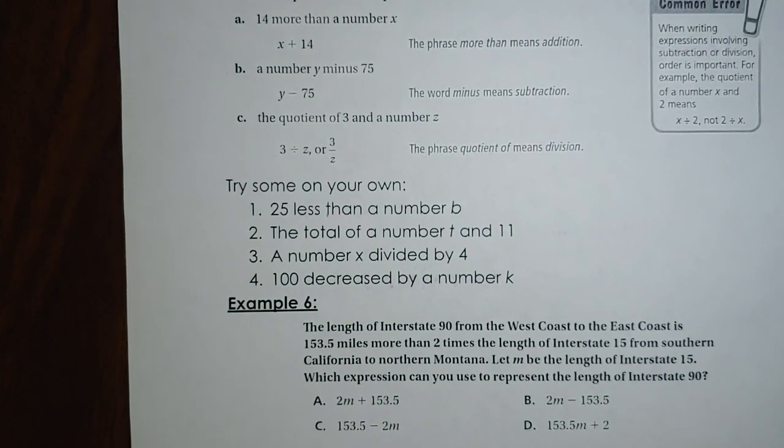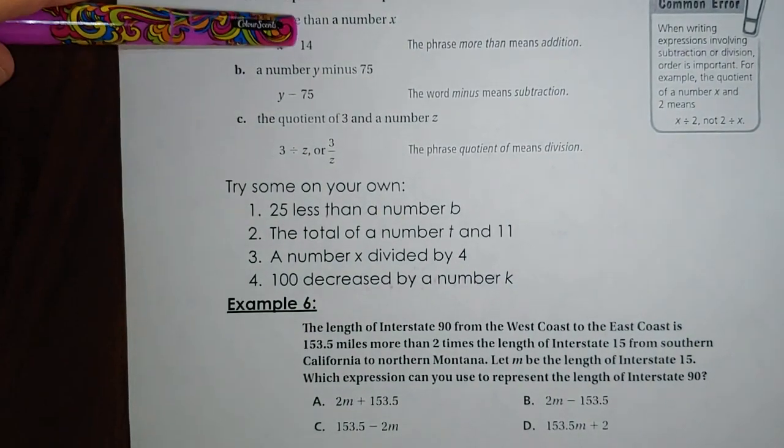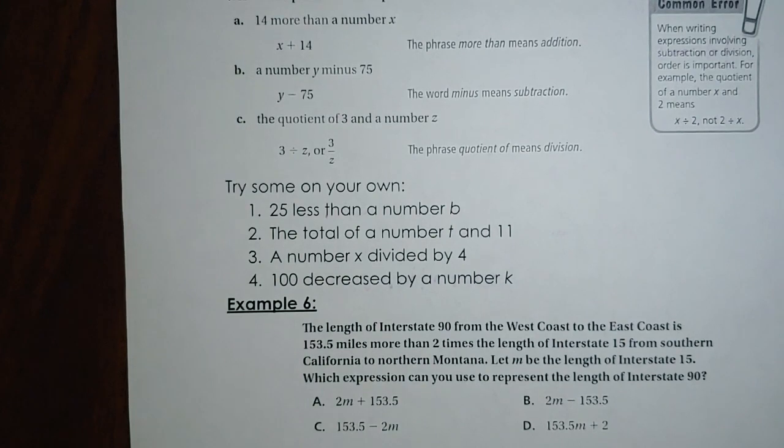So the first phrase is 14 more than a number X. If we look at our other things, more than means addition. So 14 more than the number X is X plus 14.